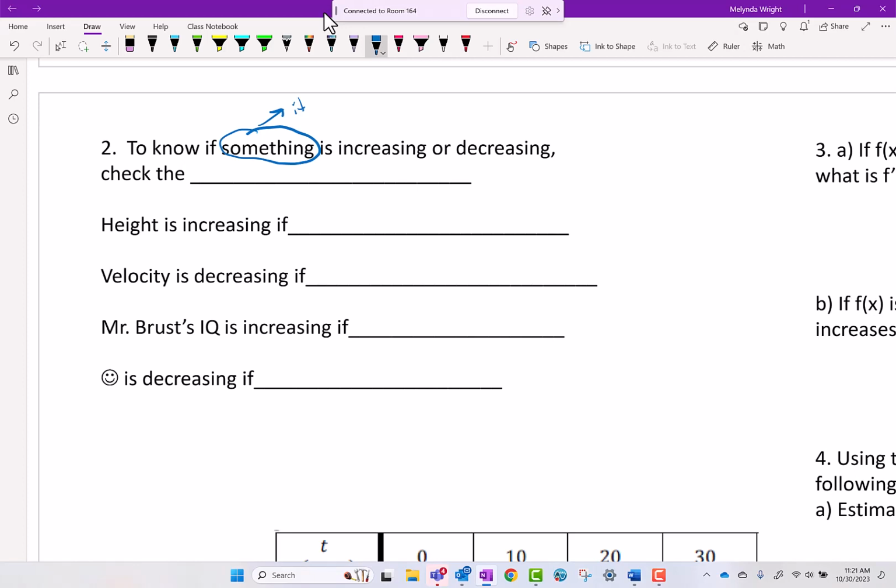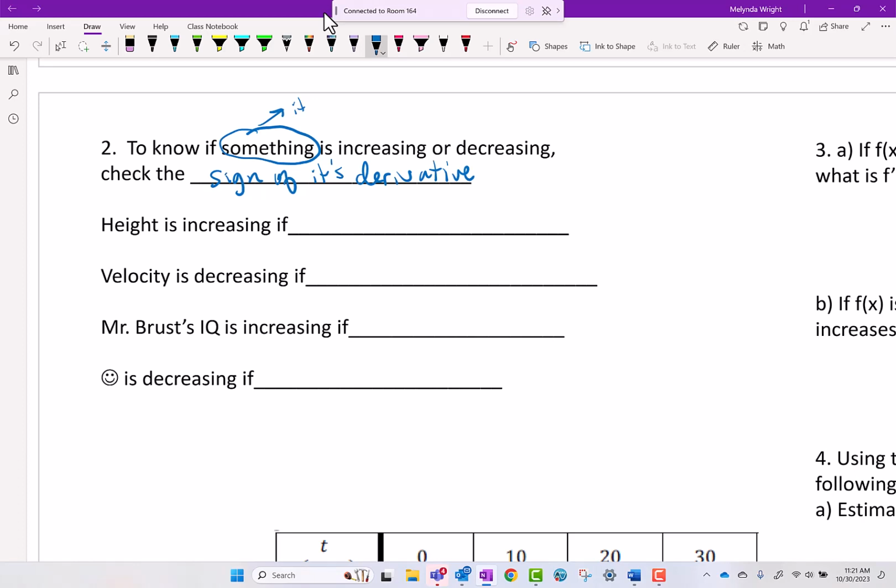But what you want to do is check the sign of its derivative. So if it is temperature, you would check the sign of the temperature's derivative. If it is, I don't know, cards, or buying cards, or whatever that scenario was, you would check the sign of the derivative.